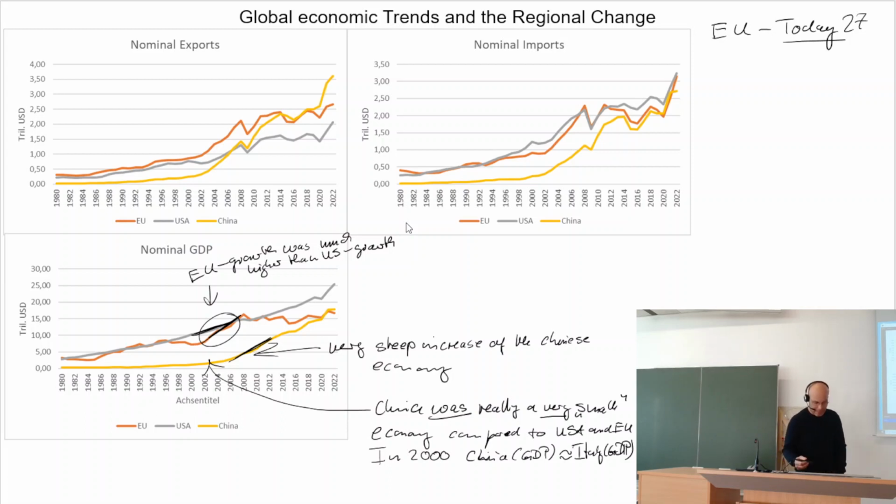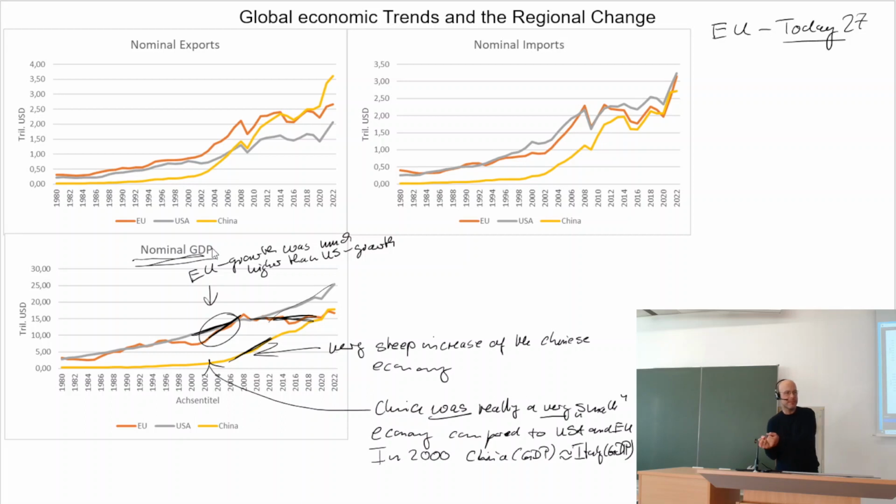And then unfortunately, we see after the financial crisis that the European Union more or less stagnated, while the US performed much better. But again, you have to be careful, because we still have the nominal GDP here.